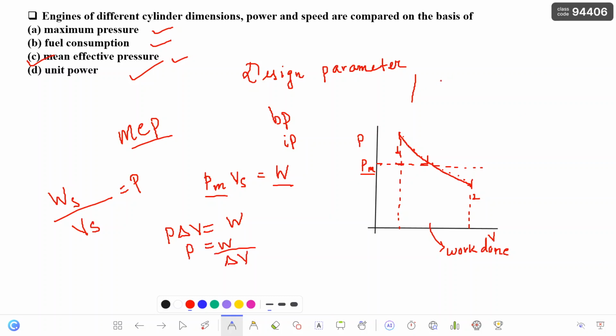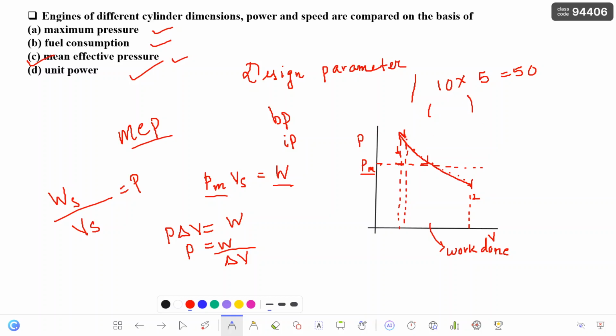Means, for example, if you multiply 10 into 5 it is 50. But there may be several such pressures like P1. This small amount of pressure will have this much amount of work.